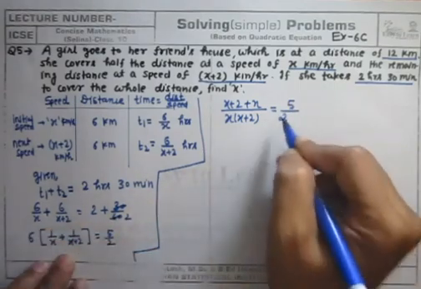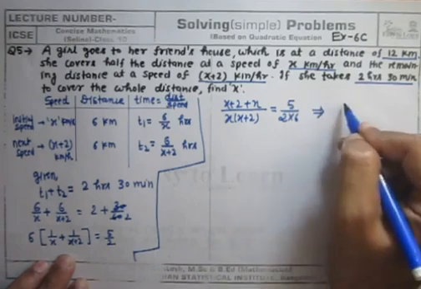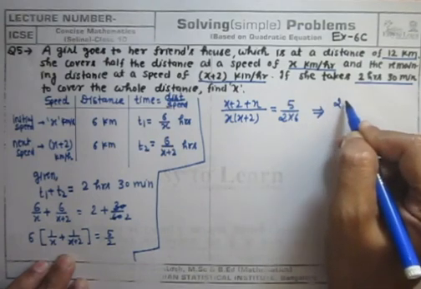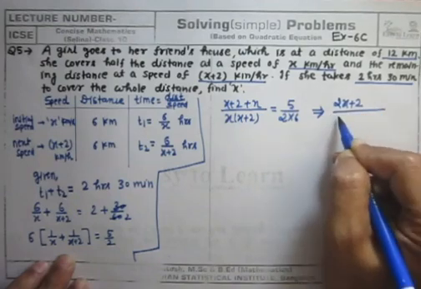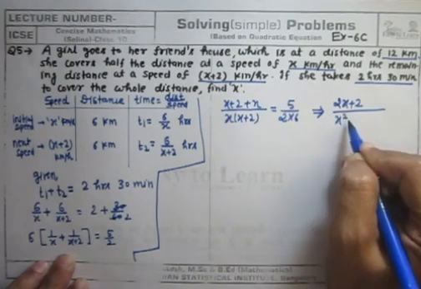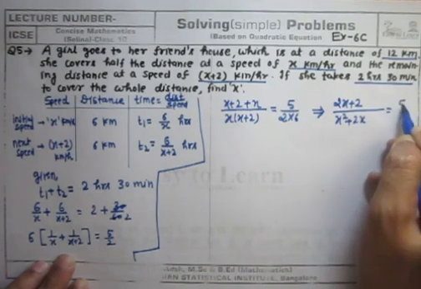Now shift this 6 this side. So after solving we will get 2x plus 2 by x square plus 2x is equal to 5 by 12.